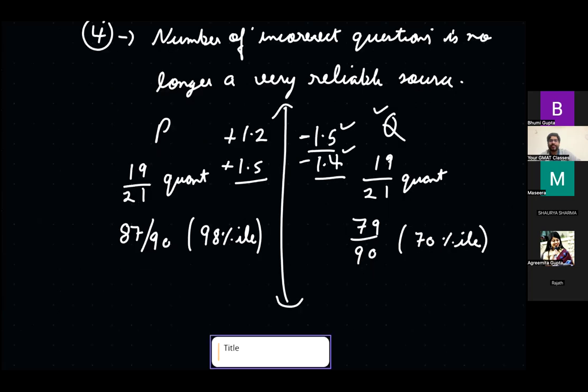Does anyone think that this is slightly unfair? Sorry? At least I think it's slightly unfair.